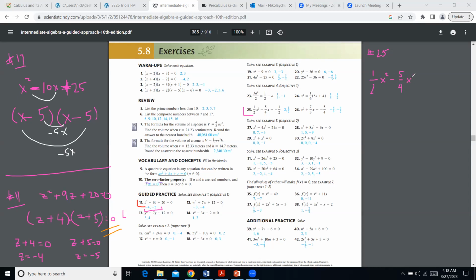And then we also have a -1/2 that I can bring over to the left side to produce a positive 1/2, because I like to have a 0 on the other side of my equation, because what I want to do is factor and have those factors both equal to 0.